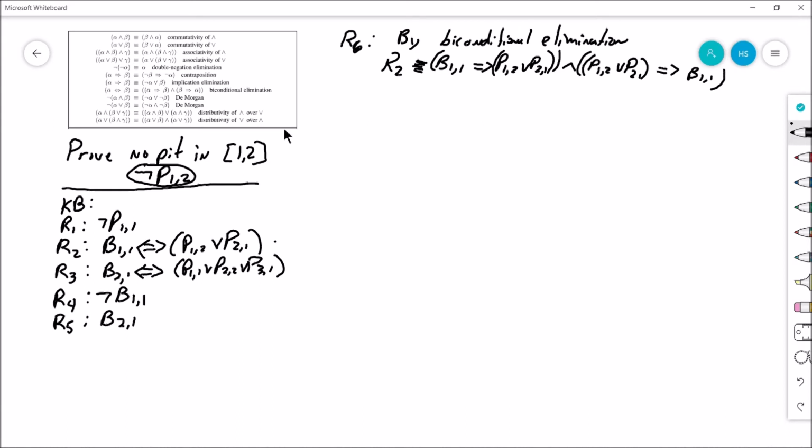Now I'm going to use and elimination, and that's going to create a new sentence by and elimination.